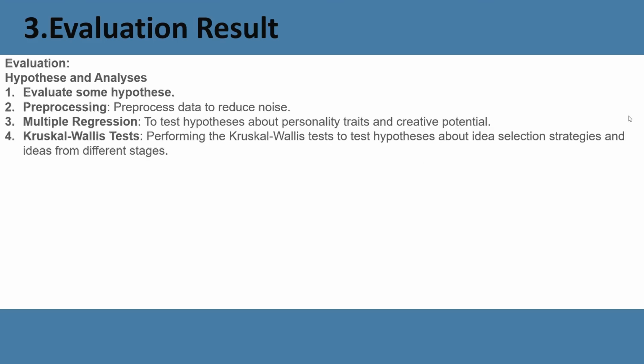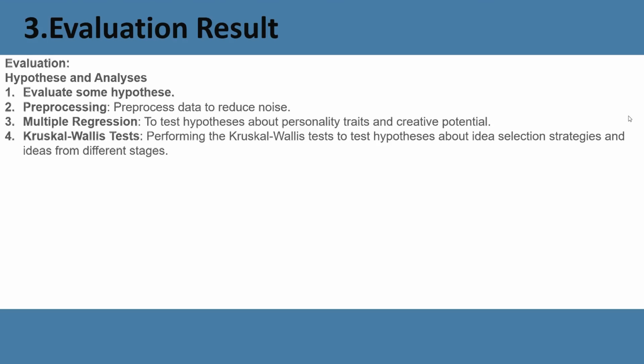The next part is evaluating results. When evaluating results, the authors make some hypotheses and use some analysis methods to analyze these ideas. The first analysis method is pre-processing, to reduce noise in the data.